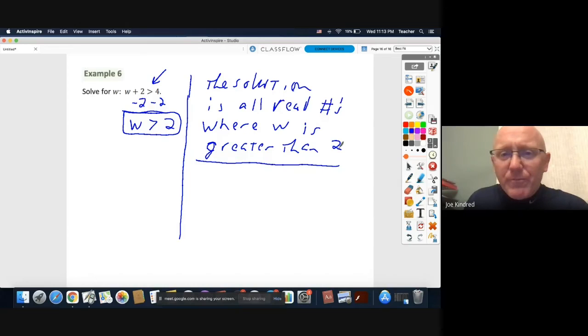So there it is in words. In set notation, you have W is real such that W is greater than 2.